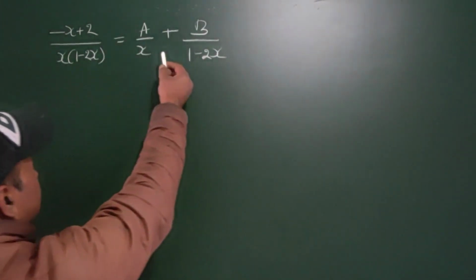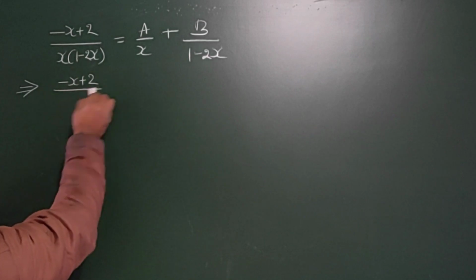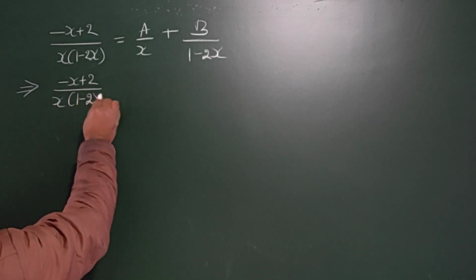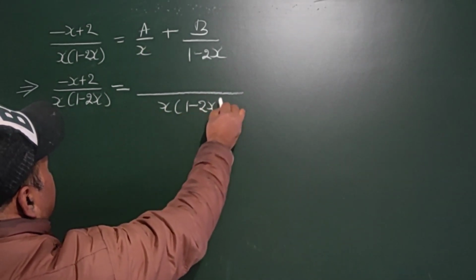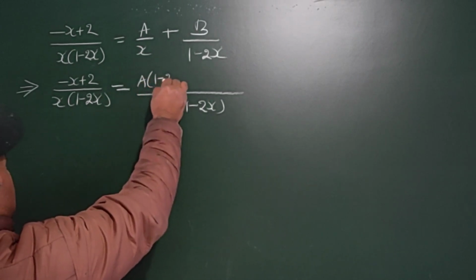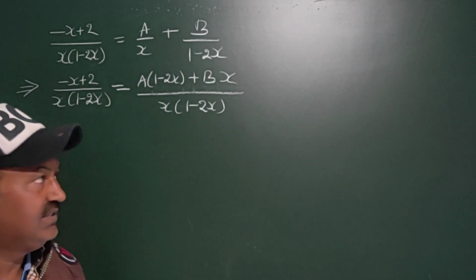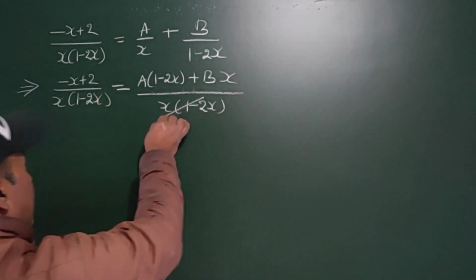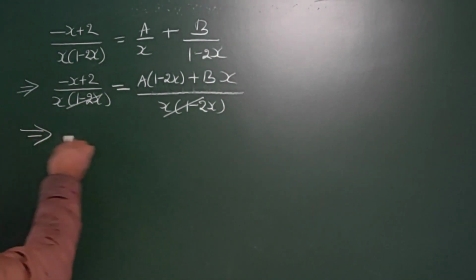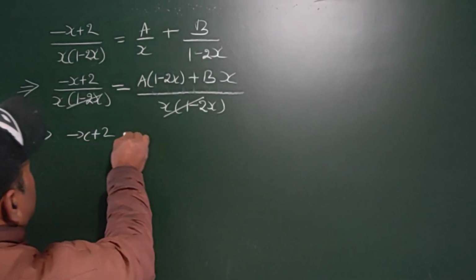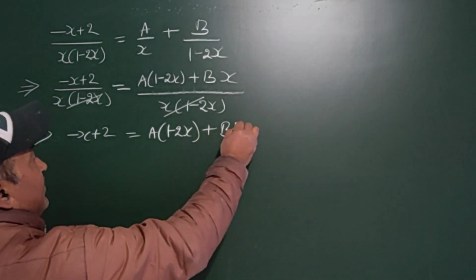Now taking the LCM on the right side, the LCM is x into (1 minus 2x), so we get A into (1 minus 2x) plus B into x. Cutting the LCM by the denominator of the left hand side, we get minus x plus 2 is equal to A into (1 minus 2x) plus B into x.